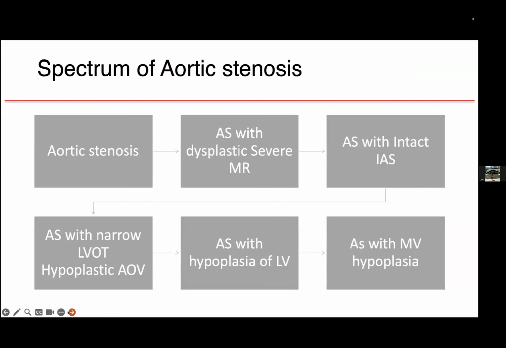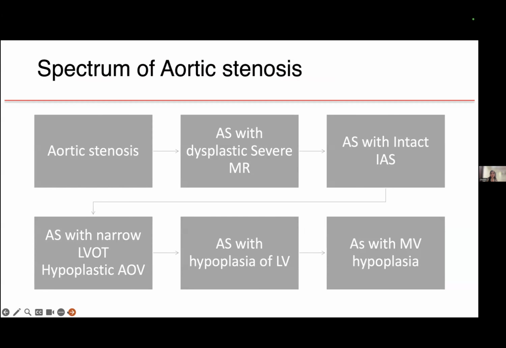So aortic stenosis is seen as a benign spectrum or a simple lesion of the aortic valve. It is not always like that. It can be a combination of lesions, which can be a primary pathology or a secondary pathology. So it can be an isolated aortic stenosis.